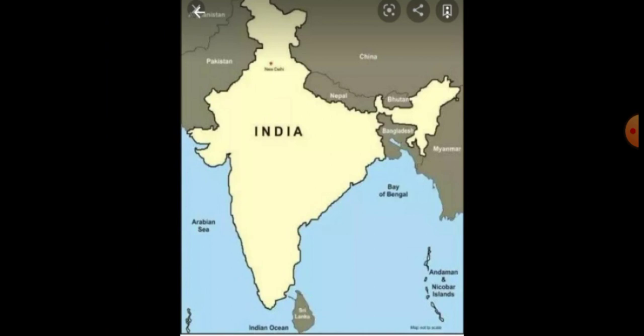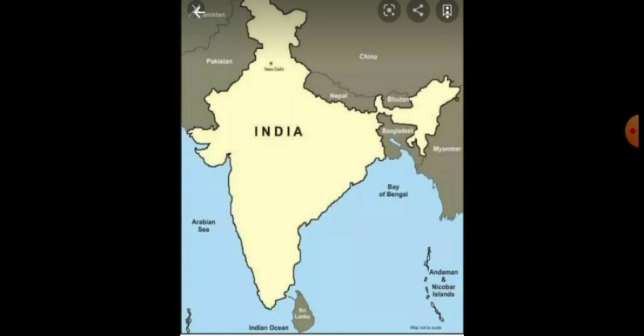Okay, can you understand, students? Now you learnt India is the seventh largest country in the world and the second largest country in Asia. Then which mountain separates India from the rest of the continent? Himalayan mountain. What are the neighboring countries of India?